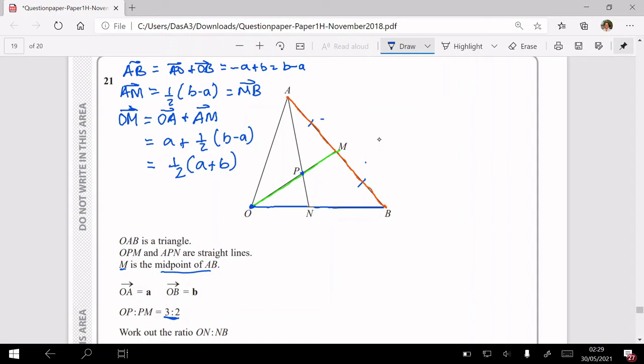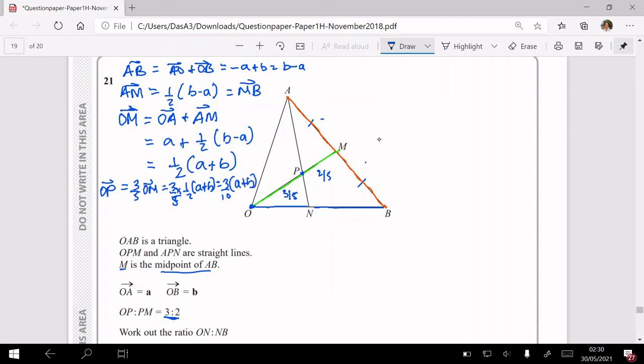OP to PM is in the ratio 3:2, which means OP is 3/5 of OM, and PM is 2/5 of OM. So OP is equal to 3/5 OM, which is 3/5 times half (A plus B), which simplifies to 3/10 (A plus B).